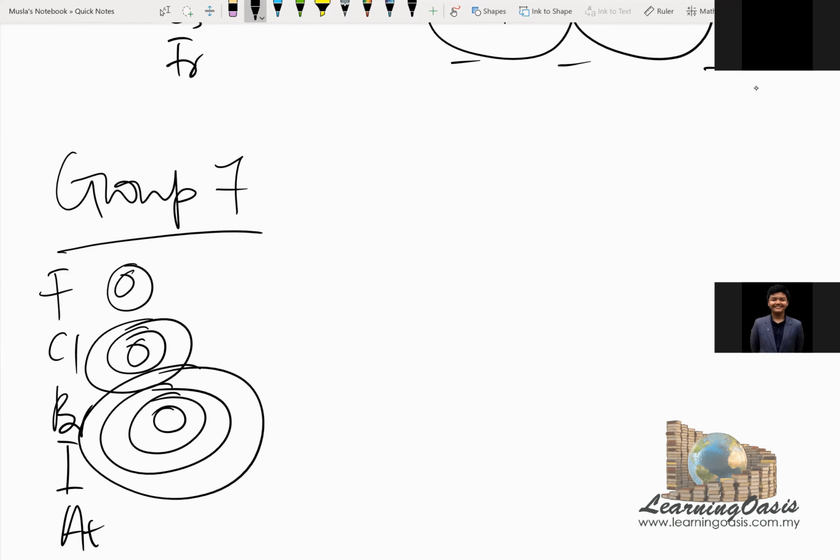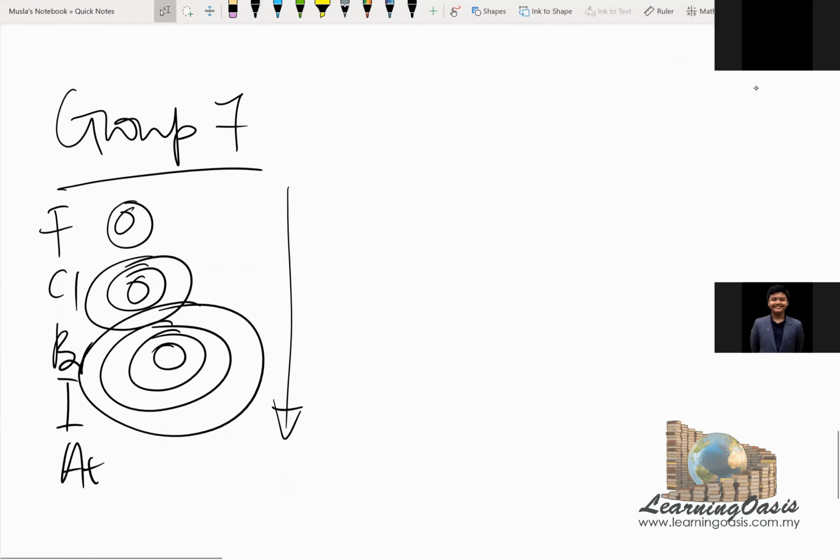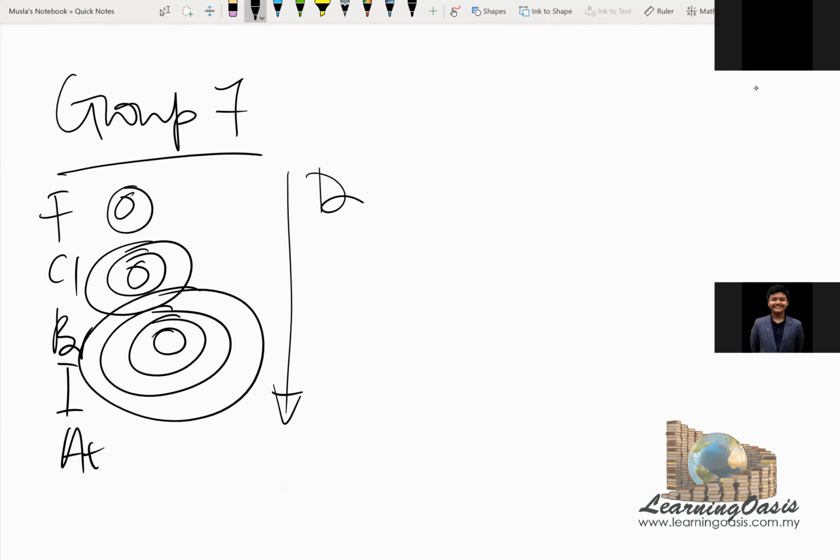So now as you go down, what happens to the melting point and boiling point? Increases. Why does it increase? Remember, the elements exist as diatomic molecules.